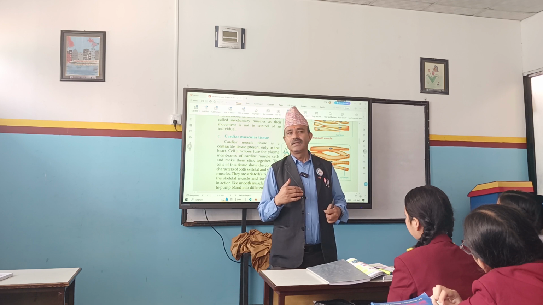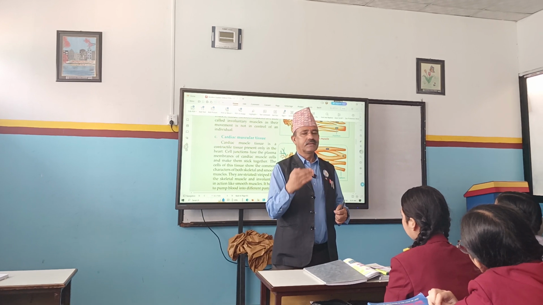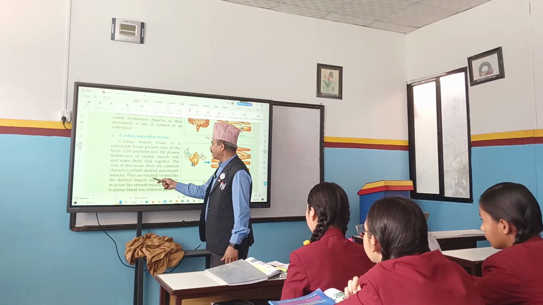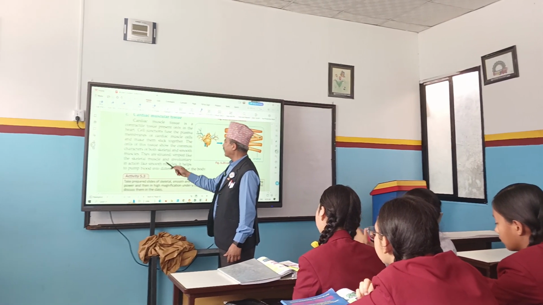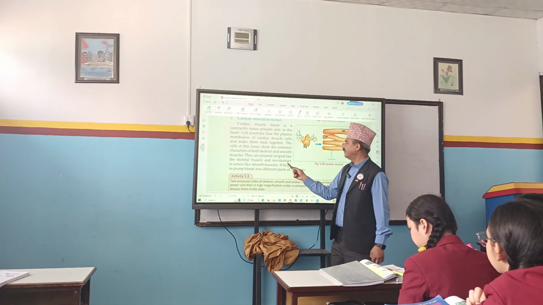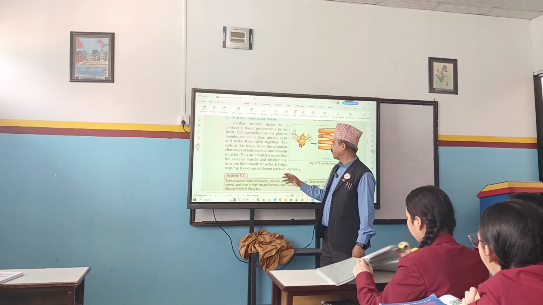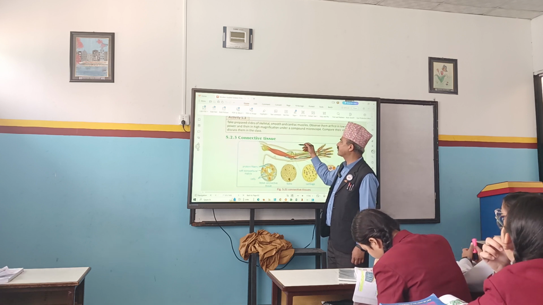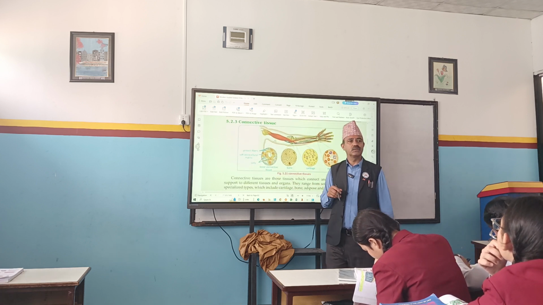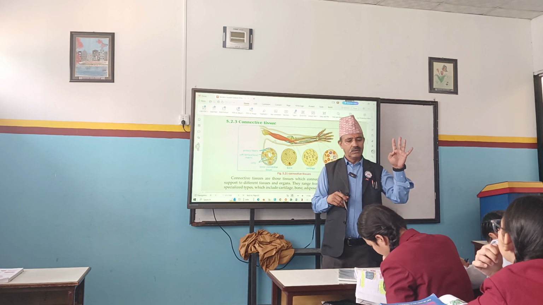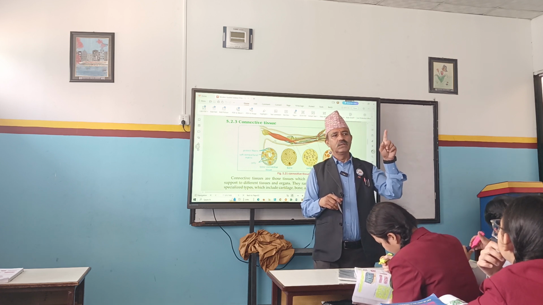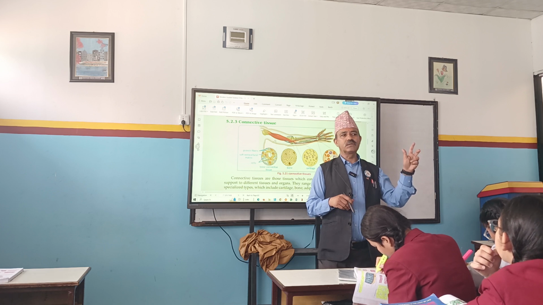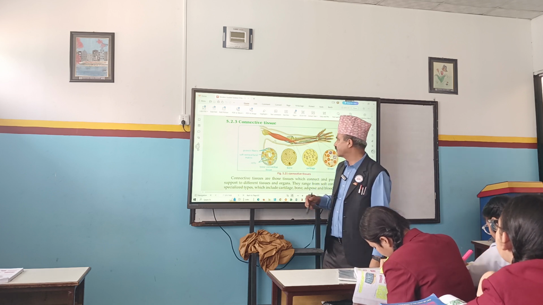How fast we respire, that fast it beats. So their structure is like striated muscle and function is involuntary. These are the three types of muscular tissue: skeletal muscular tissue, smooth muscular tissue, and cardiac muscular tissue.